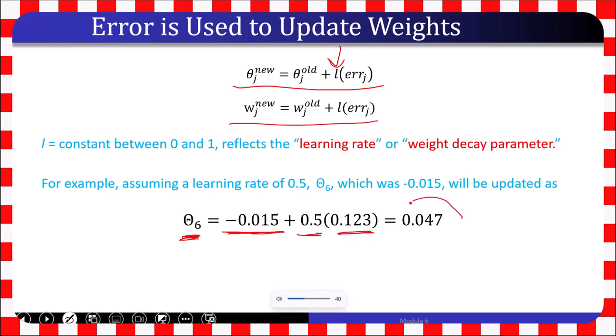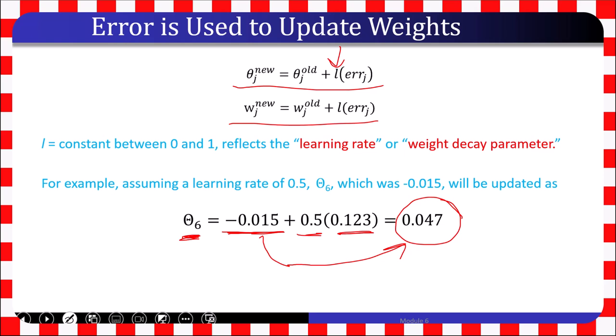Now, the bias in node 6 is updated from negative 0.015 to 0.047. So this is done in every node and updated until we get the best predictions.